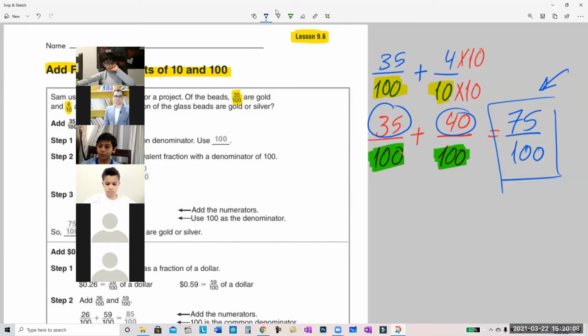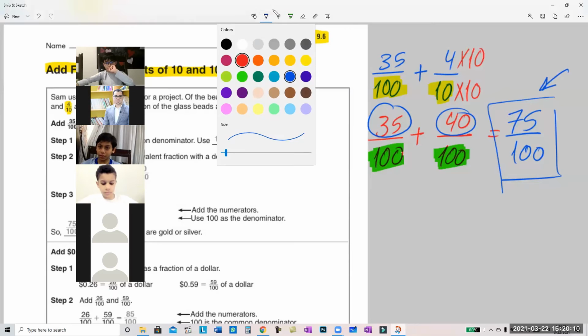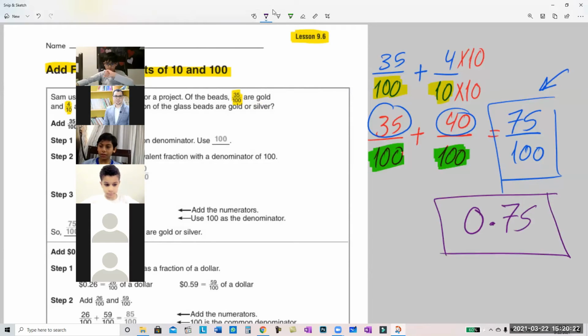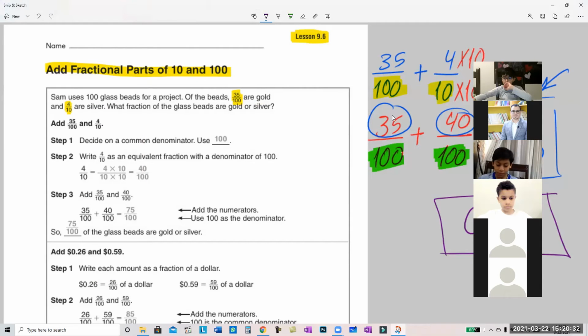So 75 over 100, as we learned before, firstly, we don't have any whole number, right? So we put 0 in the whole number part. And then 75 over 100 will be 75 after the decimal point. So it will be 0.75 in decimal form. Okay, now I will ask someone to help here.